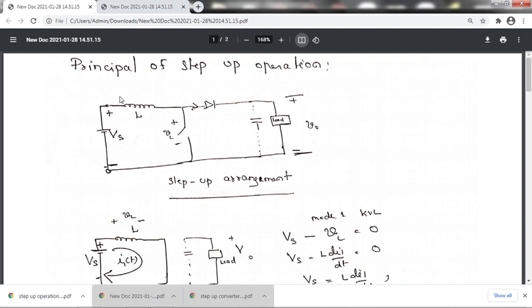So this side becomes minus, this side becomes plus. So this voltage is added with this EMF, and all together is transferred to load. So load voltage is anyhow more than this. By doing this again and again, on an average, we can step up the voltage.